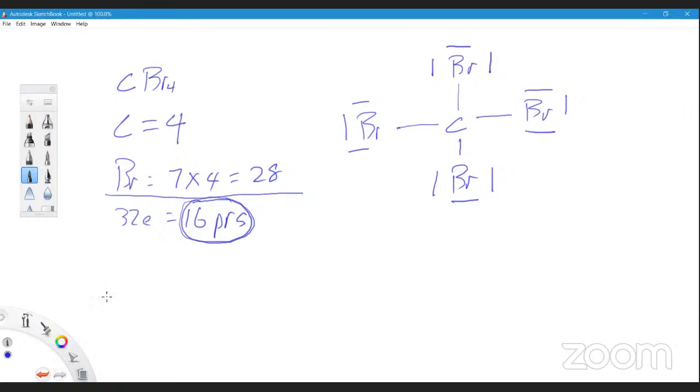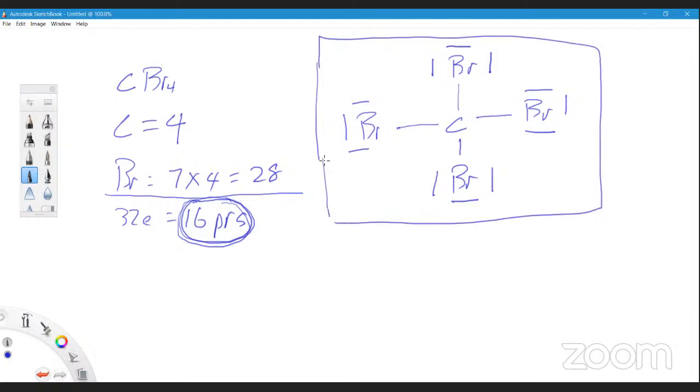And we have used up all the pairs of electrons that we have at hand. And basically that's the final structure of carbon tetrabromide. Any questions about this particular example?